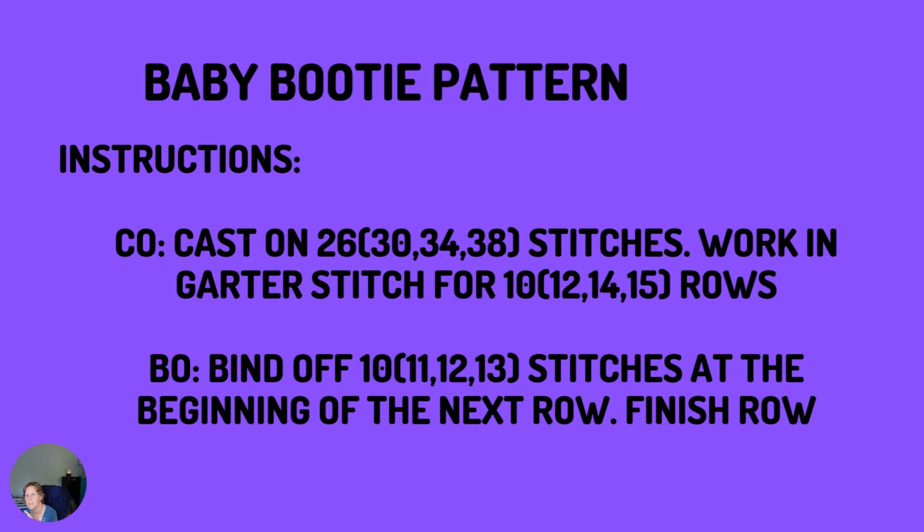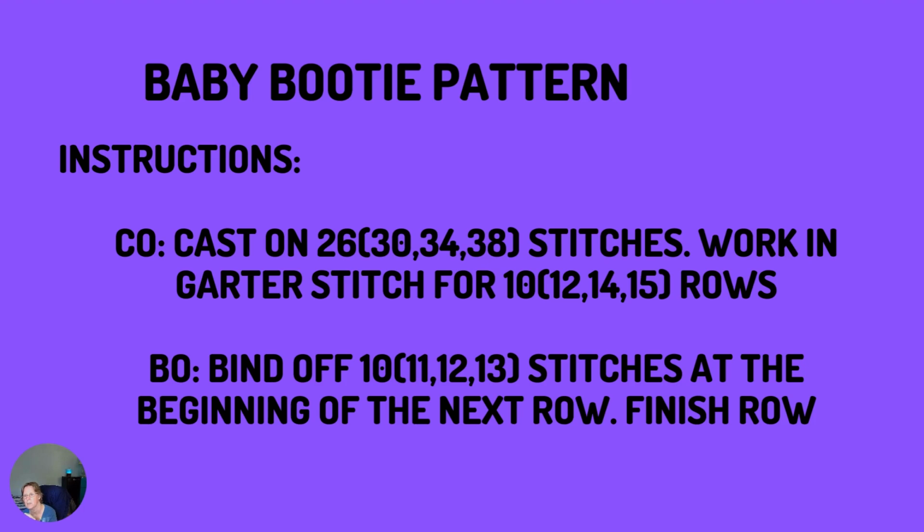And then the tricky part about this pattern would be after we knit those 10 rows, we're doing the newborn right here. BO is bind off. We're binding off 10 stitches at the beginning of the next row, and then we're finishing that row. So we're going to bind off 10 stitches at the end.